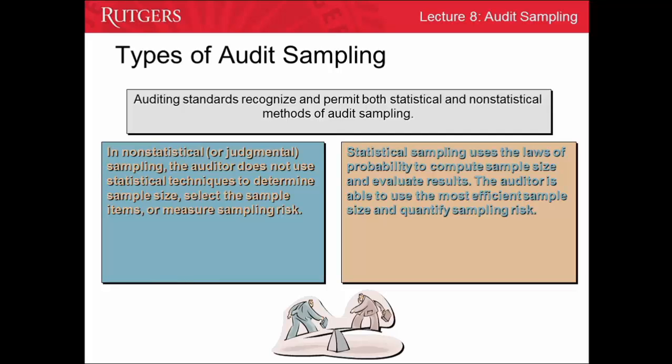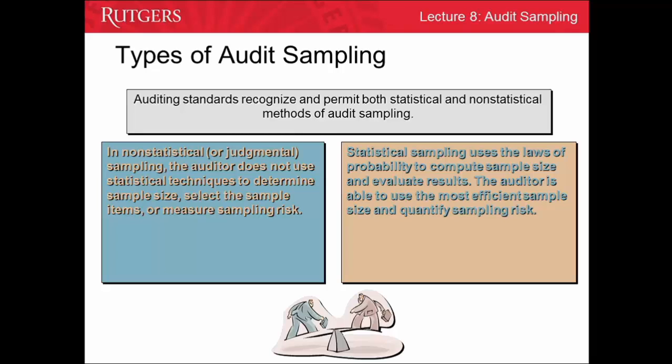Generally, there are two approaches to audit sampling: the non-statistical and statistical. In non-statistical, or judgmental sampling, the auditor doesn't use statistical techniques to determine the sample size, select the sample, and measure sampling risk when evaluating results.